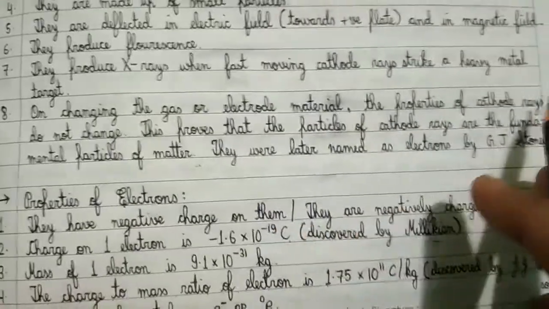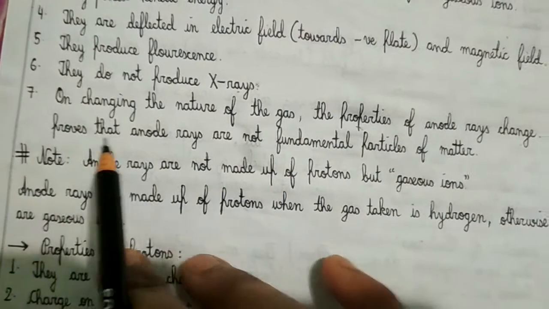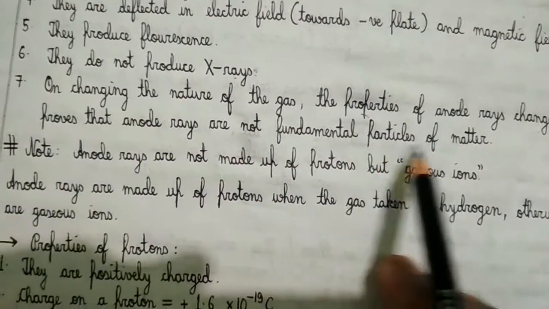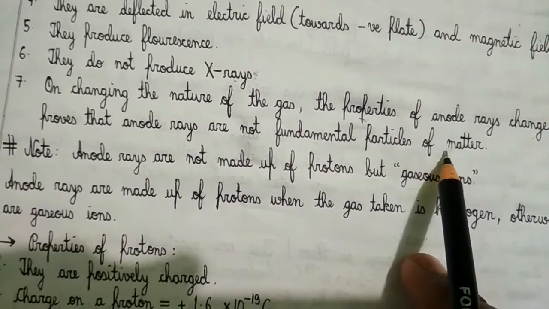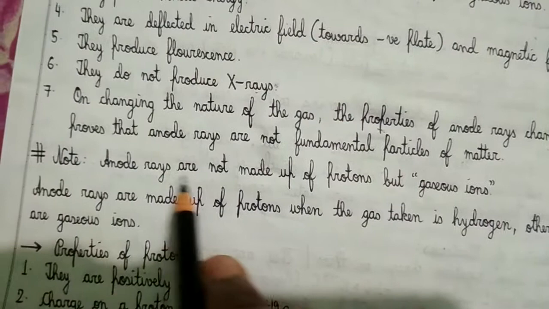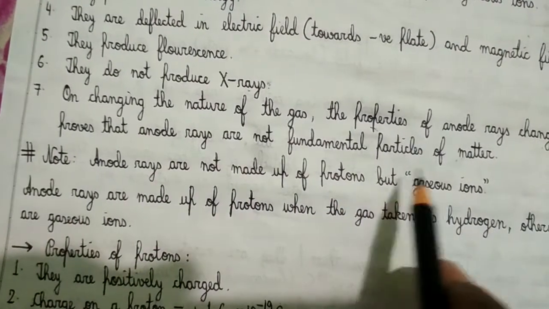Cathode rays, if you remember, I told you that the properties of cathode rays do not change, but the properties of anode rays change. This is how it was proved that anode rays are not fundamental particles of matter. Anode rays are not made up of protons, but are gaseous ions.